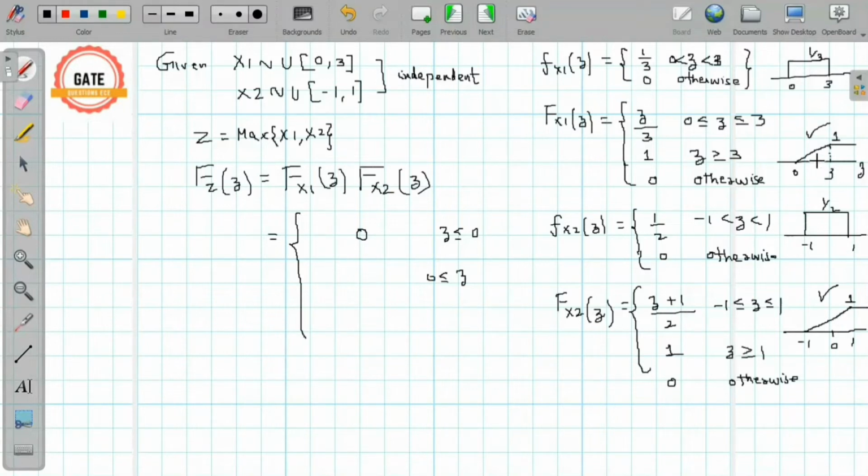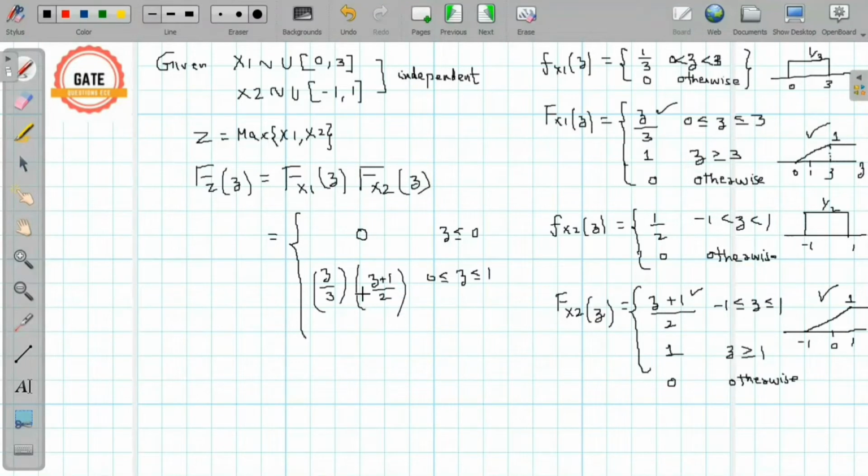So from 0 to 1, both of these CDFs have the same behavior, and we can write that in the range 0 to 1 it will be the product of these two CDFs. The expressions for the CDFs in this range are this and this, so we take the product. That will give z by 3 times z plus 1 by 2.